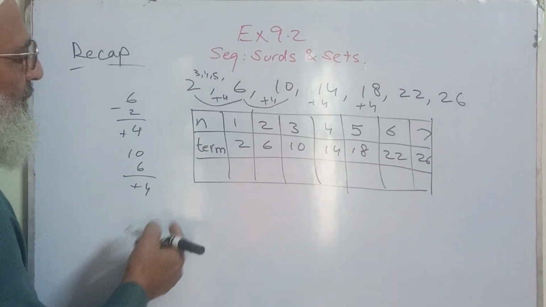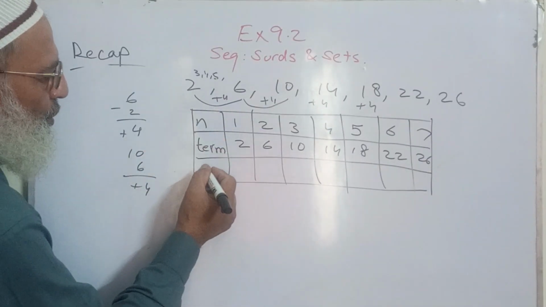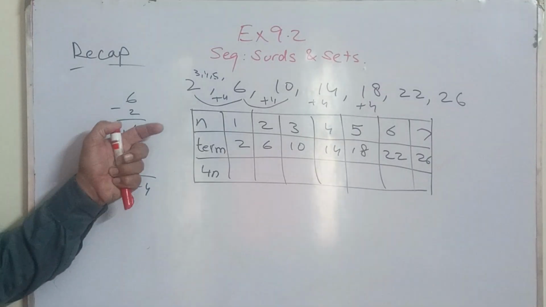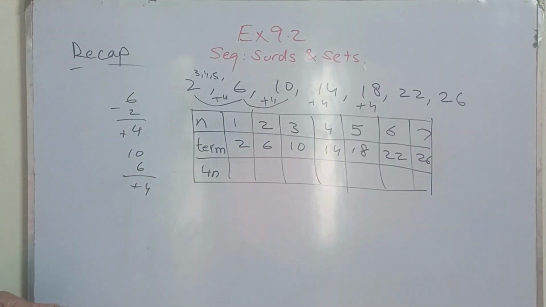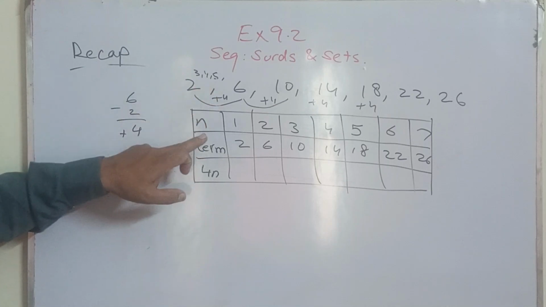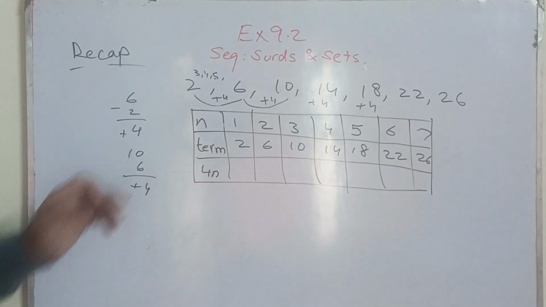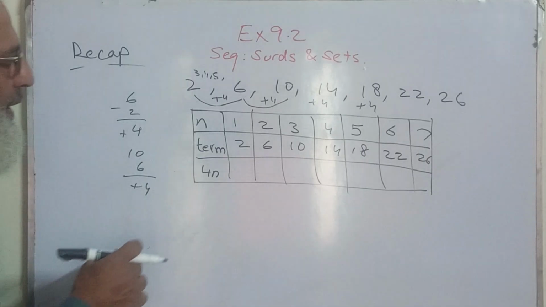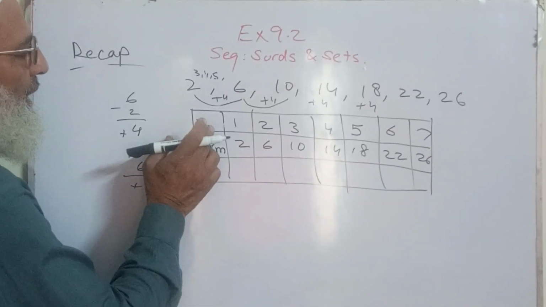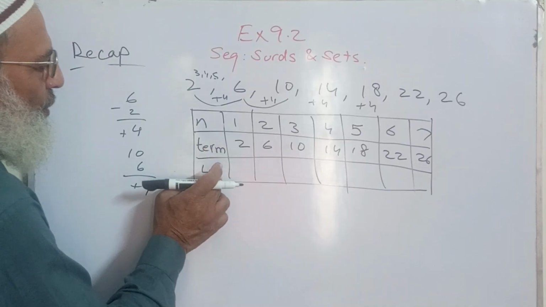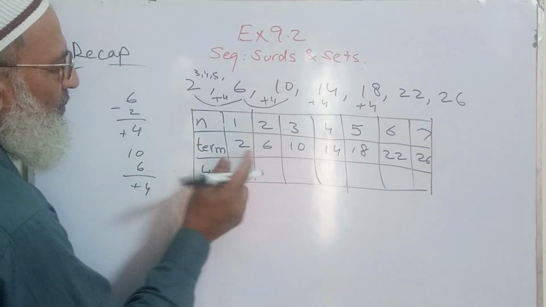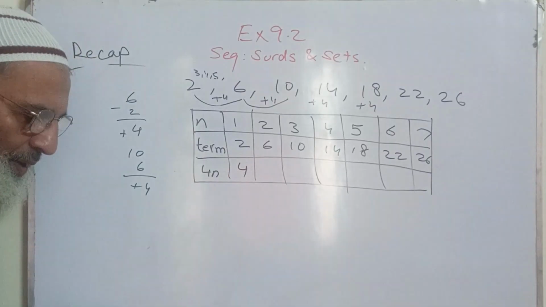So that means our term is 4n. You see, if I multiply this difference with the number n, we'll be getting the exact number. 4n means, you see that n is 1 over here, multiplied by 4 is 4.